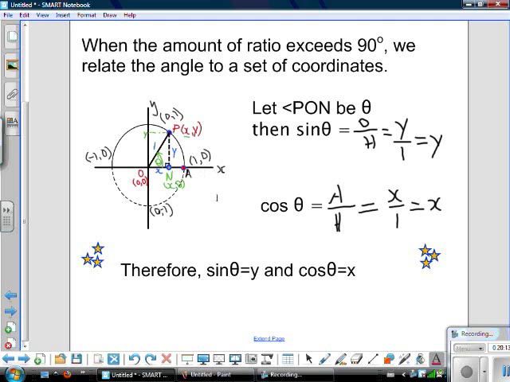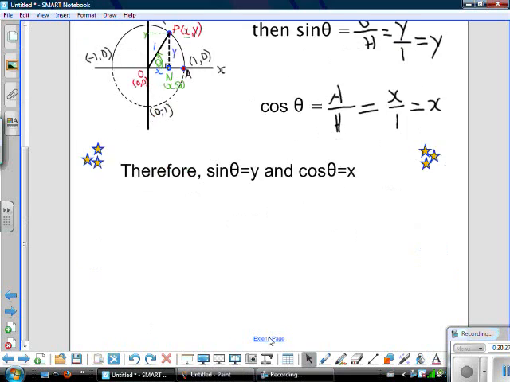acute. Now the reason we do that is something that we do know. And what we're going to do now is I'm going to take that P and I'm going to rotate it so that it ends up being in the second quadrant. So that's the second part of our note.